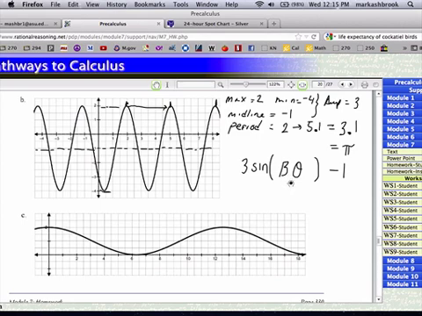B has to do with the period. So we need the value of b so that b theta is 2 pi when theta is pi. So when we make one full rotation, one period, we need that whole thing to be 2 pi.